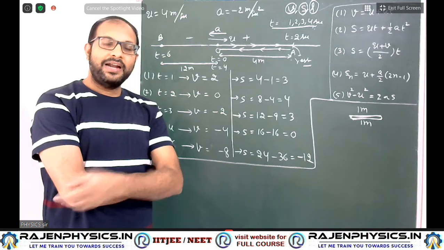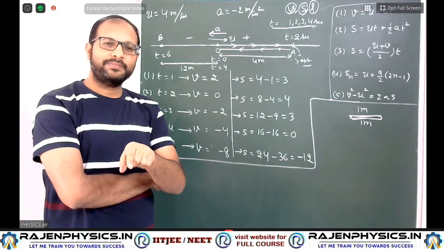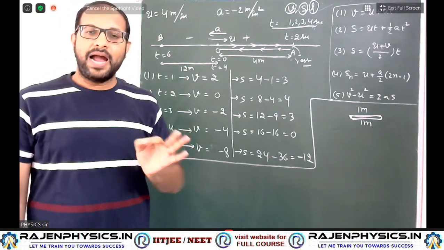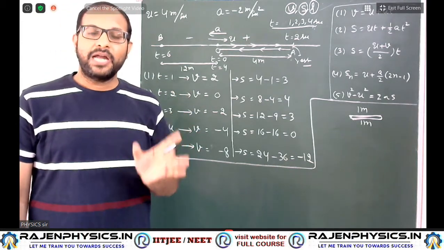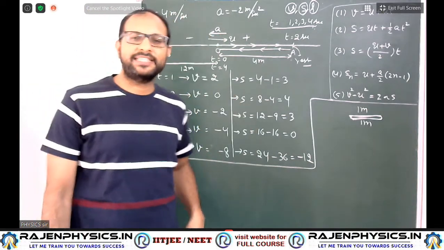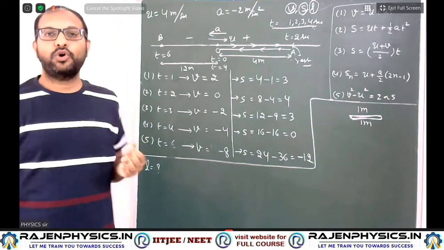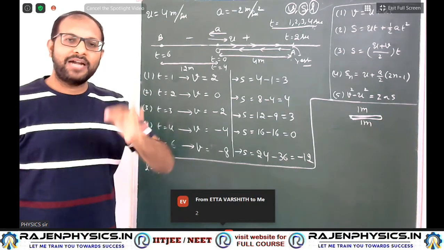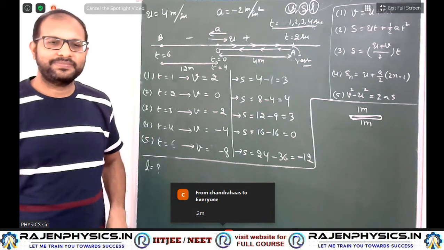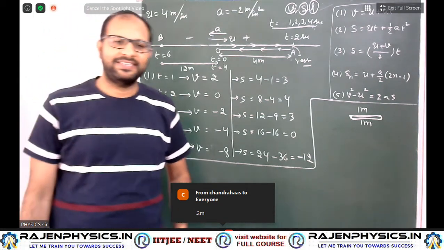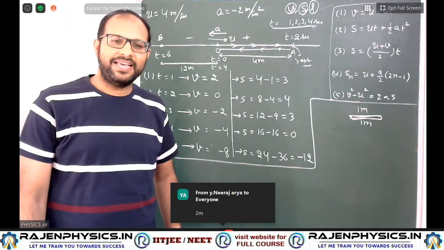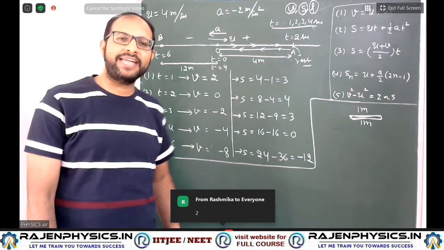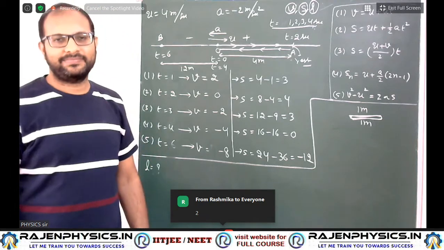Okay. Now students, same question. Second and third second, total distance how much, tell me? Total distance, second and third second combinedly. Yes, some students giving 2 meters. Yes, 2 meters is the right answer because it is a distance.